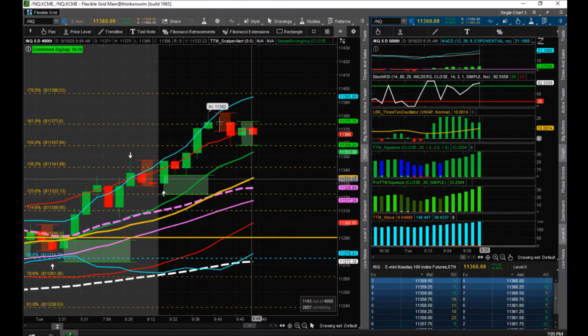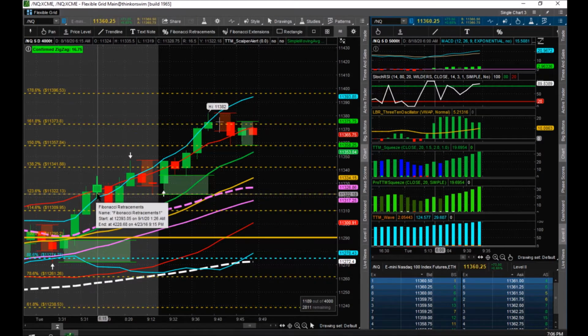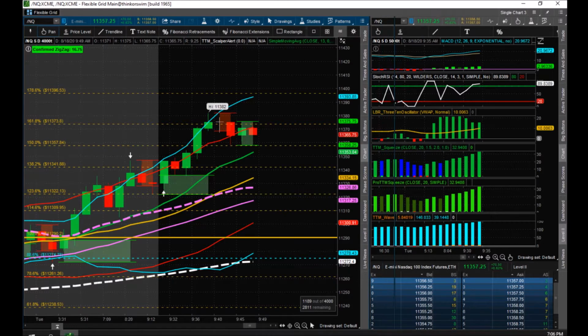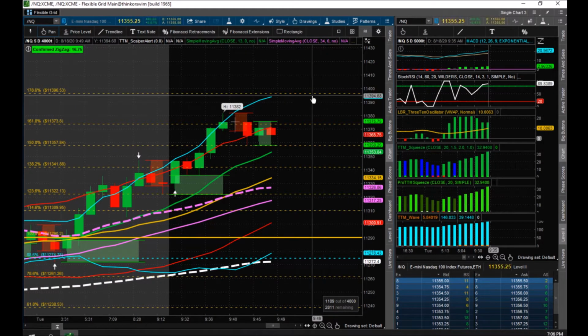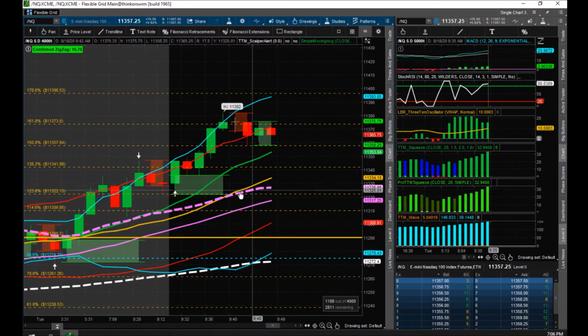Yellow is my 21, and my purple here at the bottom is my 34 SMA, simple moving average, based on time frames. If you have a 13, it's based on the last 13 periods, so 21, last 21, 34, last 34. The purple line here dotted, that is my daily VWAP.